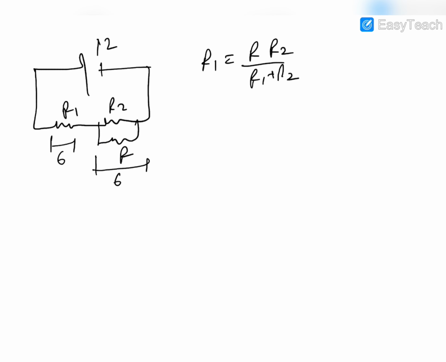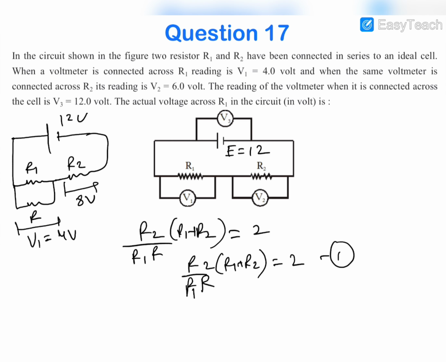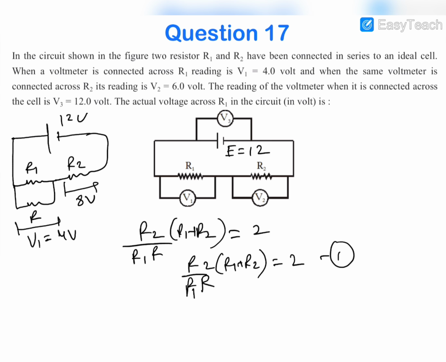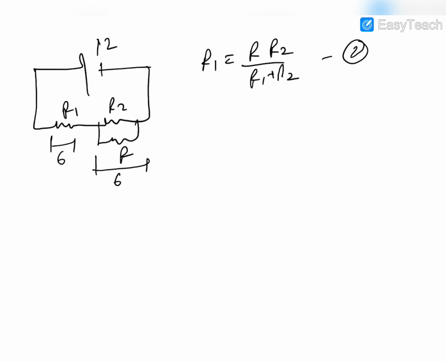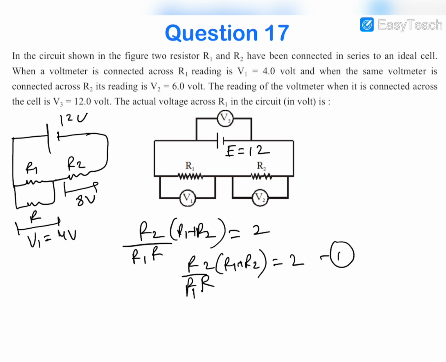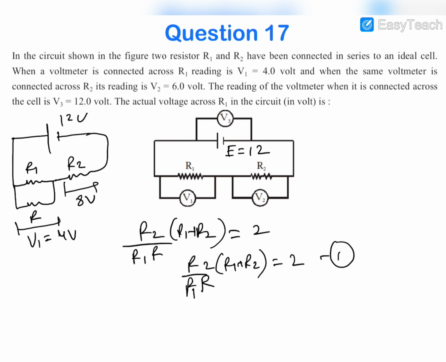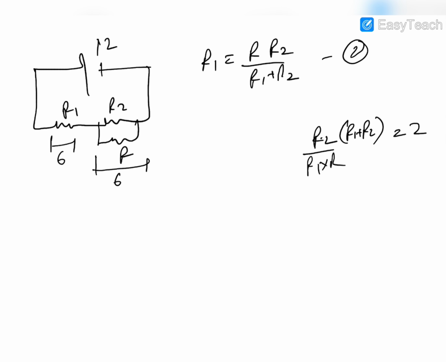So by these two equations, this is the second equation, and we can use that R2 by R1 into R into R1 plus R2 into R1 plus R2 is equal to 2.